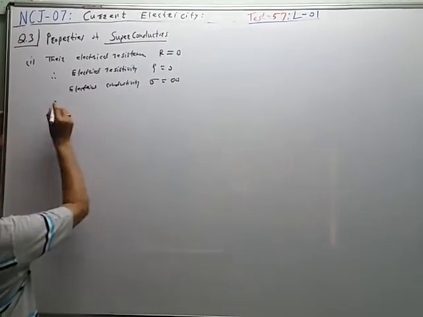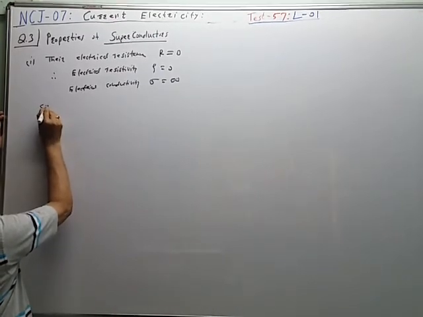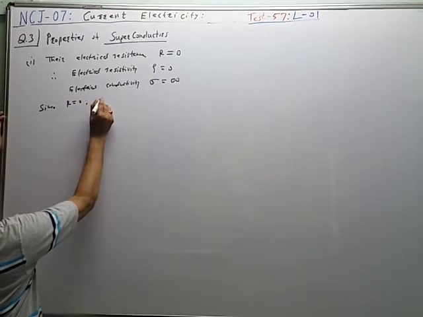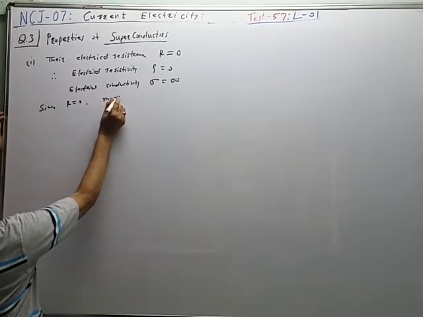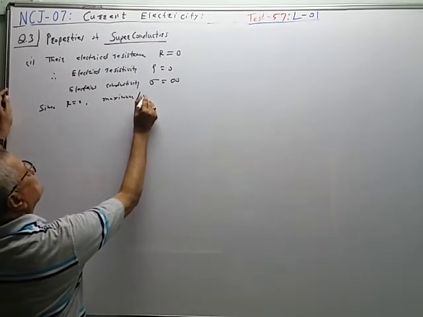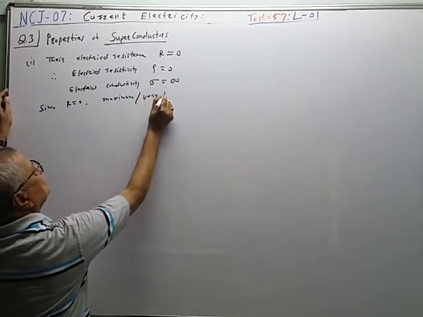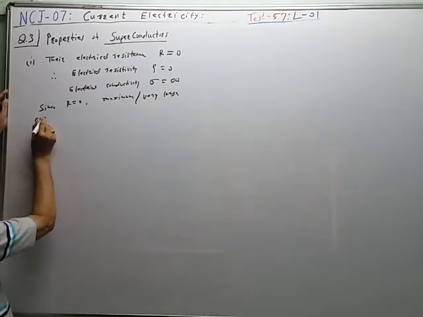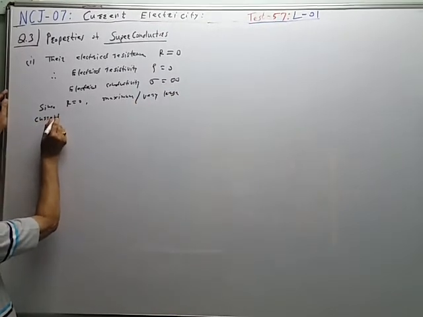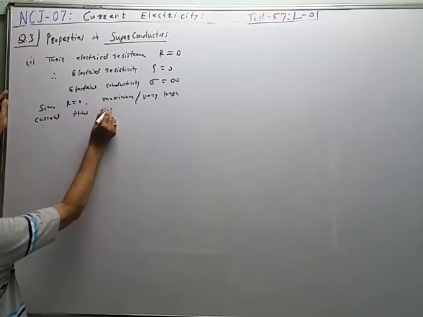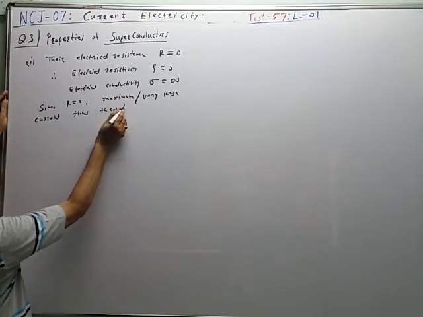Since R is equal to 0, maximum or very large current flows through it.